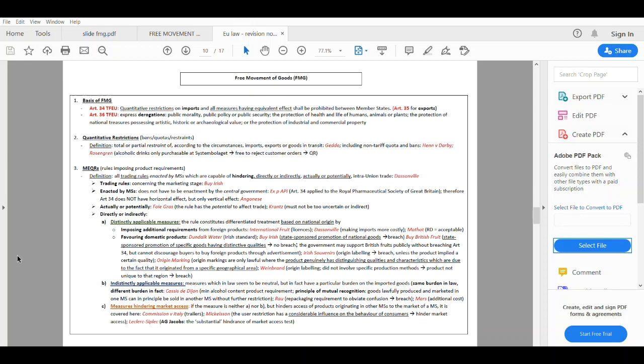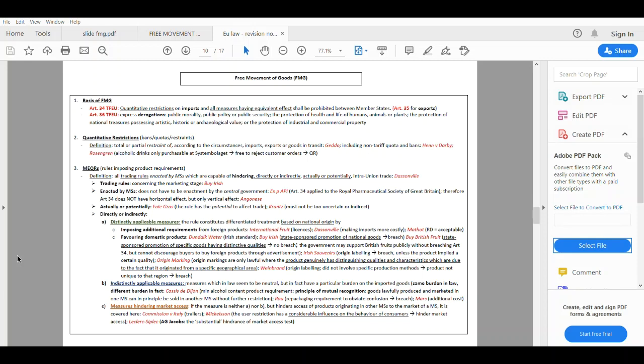This was considered in the case of Commission v UK re UHT milk. Another type of distinctly applicable MEQR is health inspections, which are required at the border, and this requirement clearly has the effect of hindering intra-community trade.